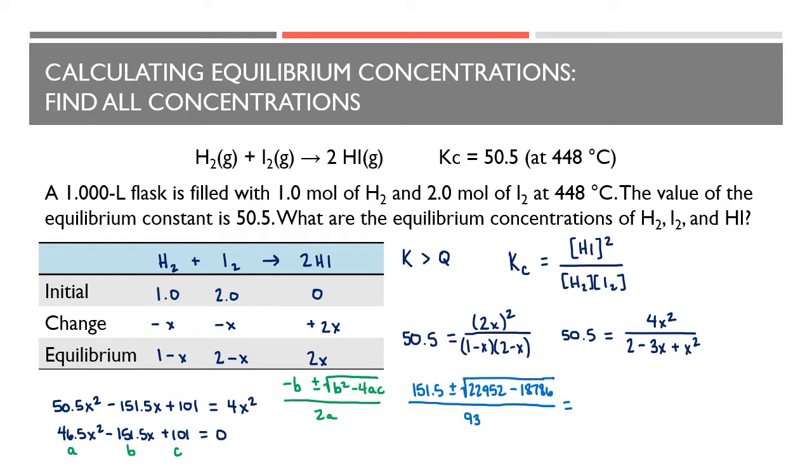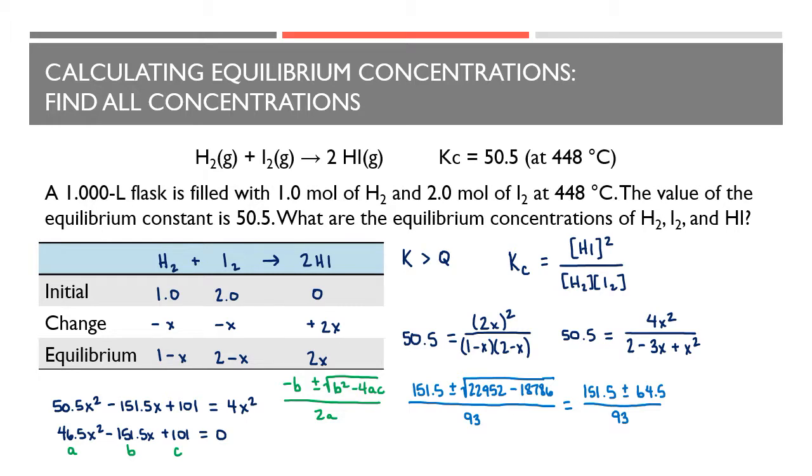So now I have 151.5 plus or minus, and I'm going to type into my calculator the square root of 22,952 minus 18,786, which is equal to 64.5, and that's all over 93.